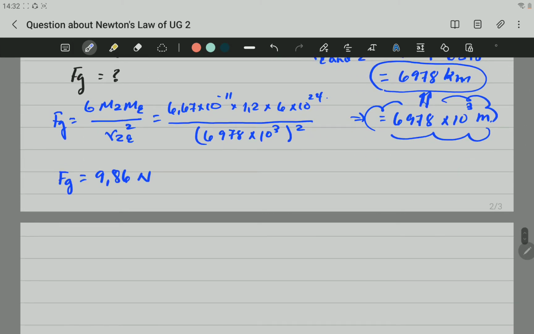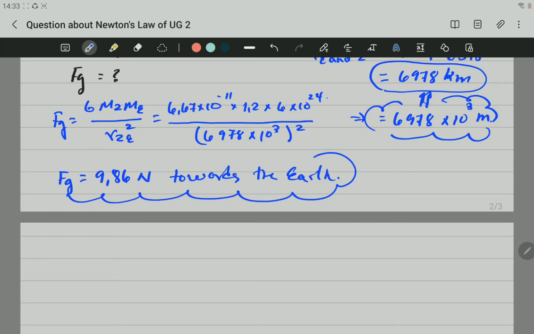So it does have direction, and the direction is towards the center, you can write towards the Earth. This is the final answer for this question.